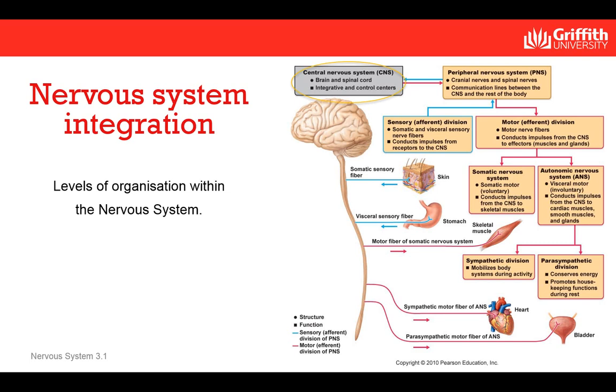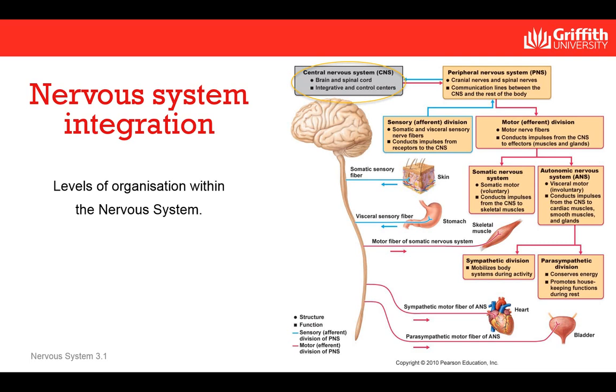The central nervous system, or CNS, consists of the brain and the spinal cord, which occupy the dorsal body cavity. The CNS is the integrating and control center of the nervous system. It is responsible for interpreting sensory input and dictating motor output based on reflexes, current condition, and past experiences.